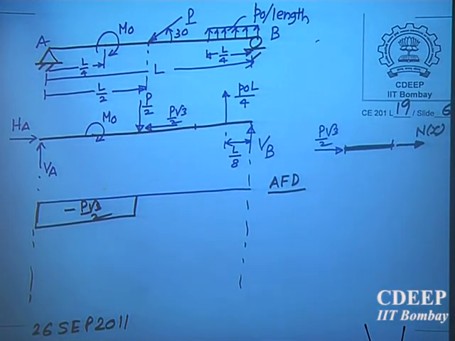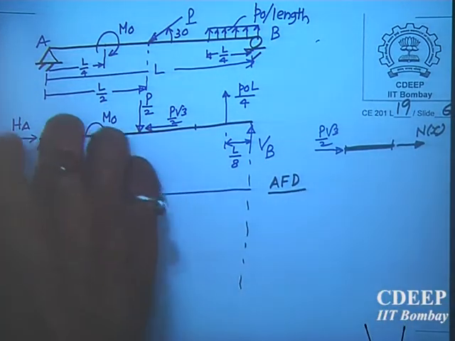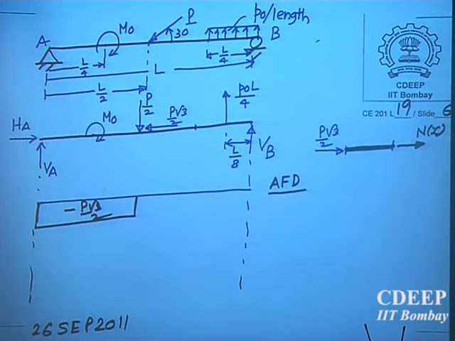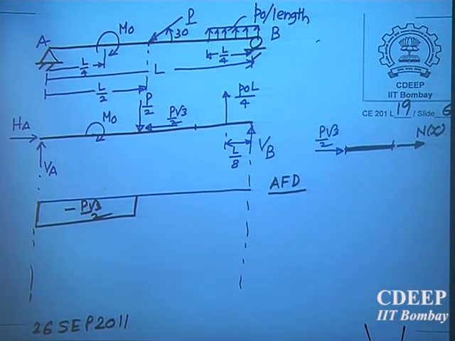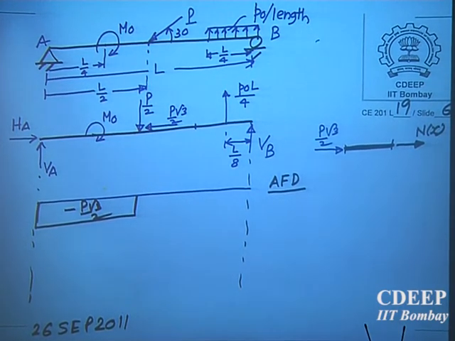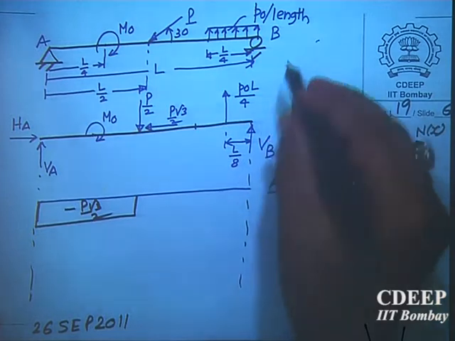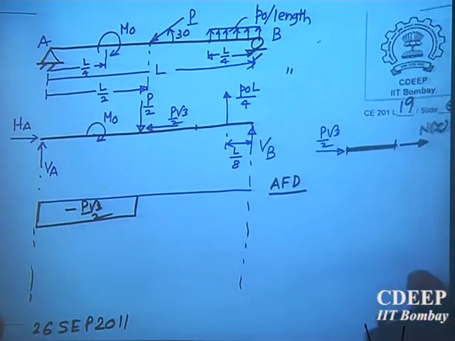Now, please find out the values of VA, VB, and then draw the bending moment, shear force and axial force diagrams. But I will suggest that this problem can be thought of differently.